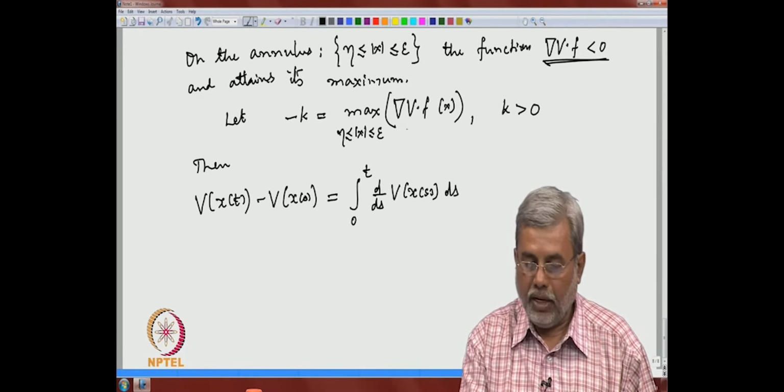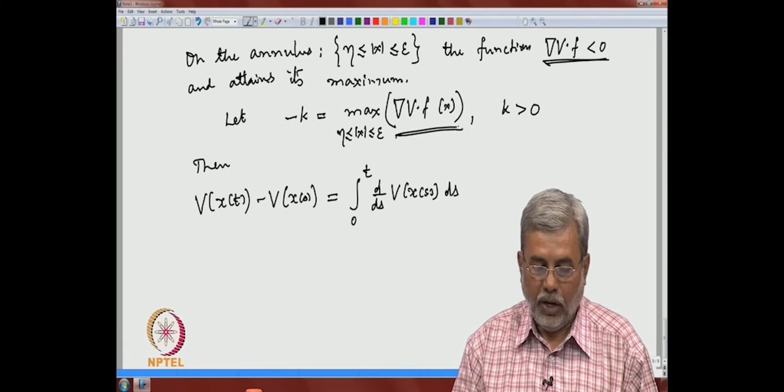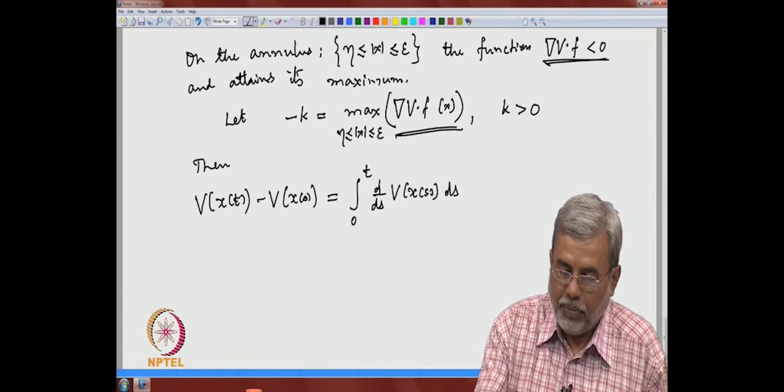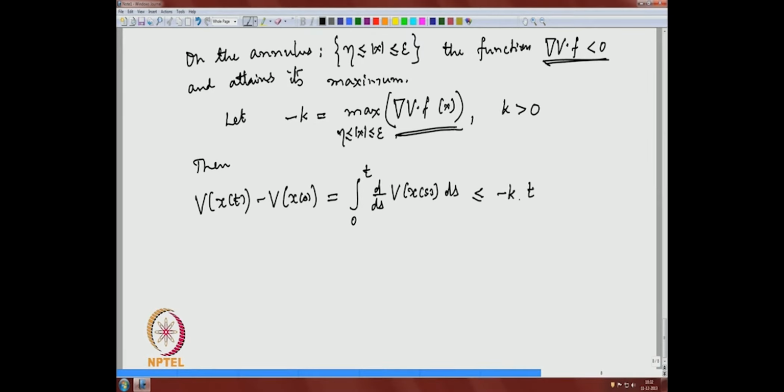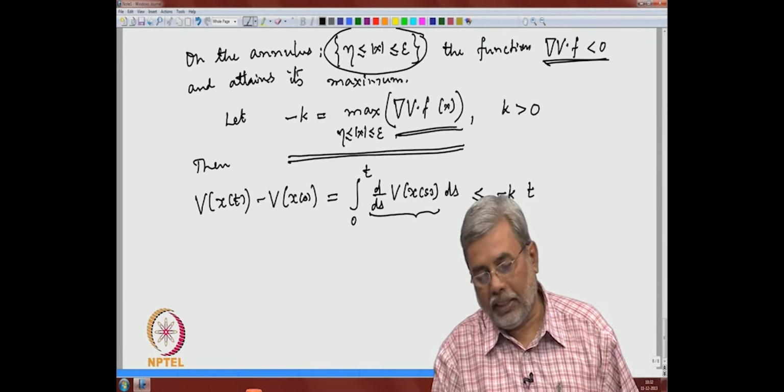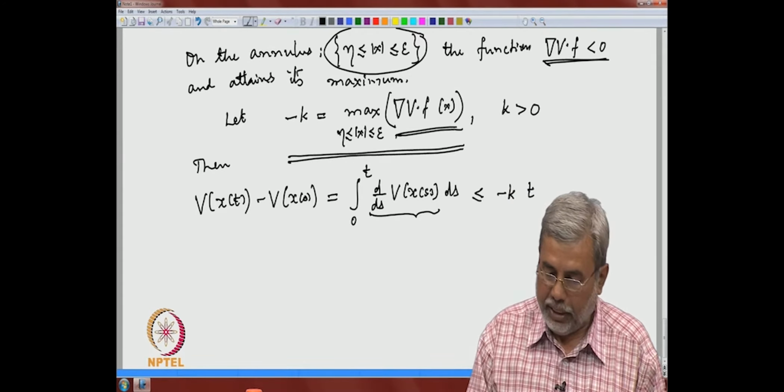This is del v dot f at x, and now I know that this orbit remains only in this annulus. So, this is less than or equal to minus k t. This is where I am using the definition of k, and the orbit is restricted to this annulus. I am replacing the integrand by its maximum, which is minus k, and the integral from 0 to t of ds is just t.